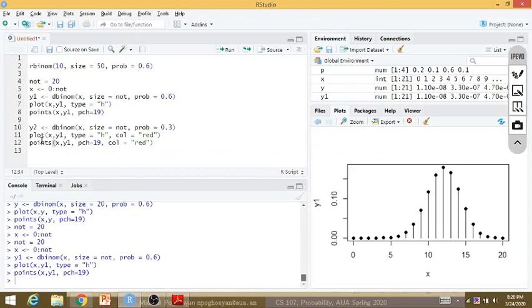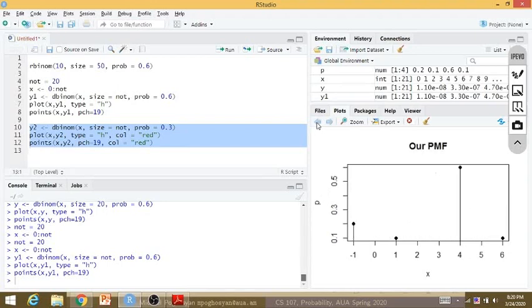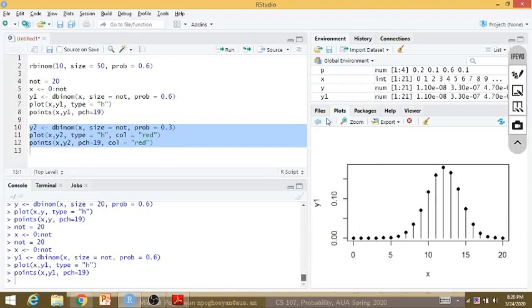If I run these three lines, okay, I forgot to change the y coordinates, so y2 for that new PMF. If I run this, that will override this, or in fact it will open a new picture. So R is remembering, so this is the previous one, etc. Okay, so R is changing the graphical screen and then doing the plot.